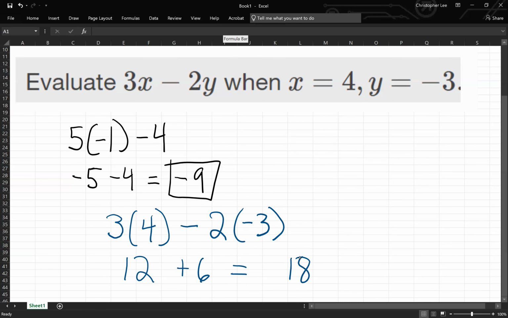That's how many points we're going to win by tonight. Questions, anybody? Plug in the x for x, plug in the y for y. That's it. We good? All right.